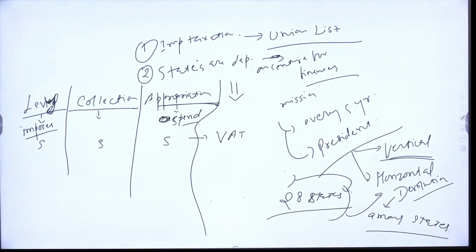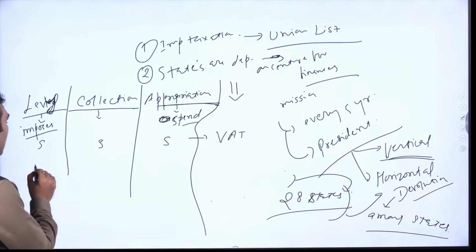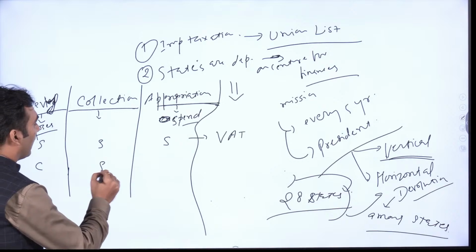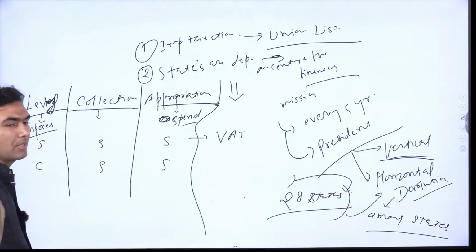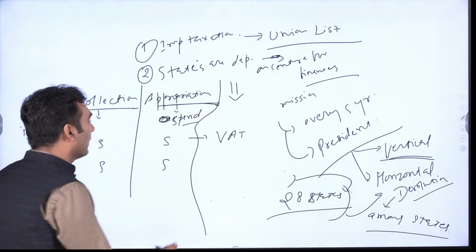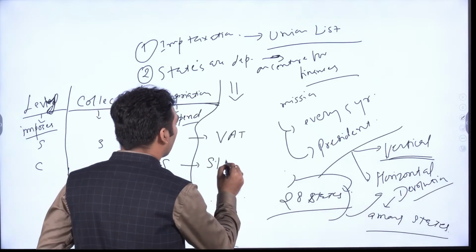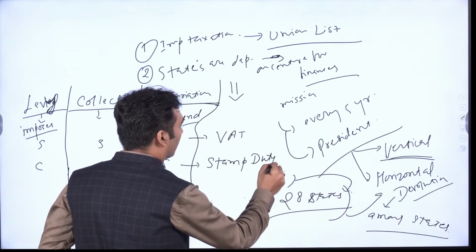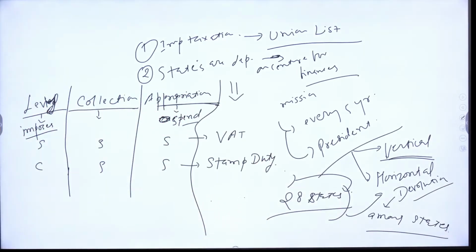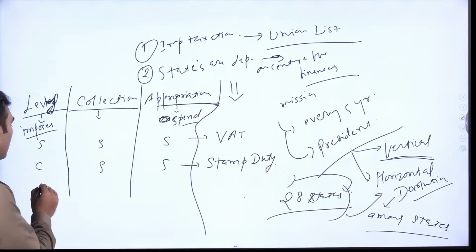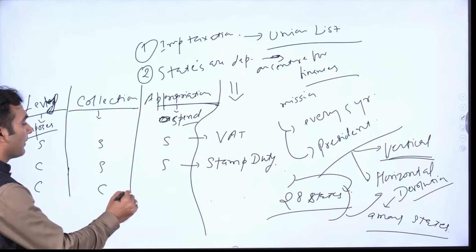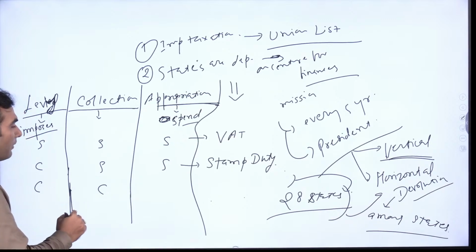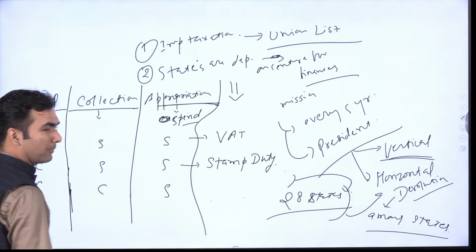But there would be a few taxes which would be levied by the center but collected and appropriated by states. In this category, the tax which comes is stamp duty. There are a few which are levied by the center, collected by the center, but given to the states.